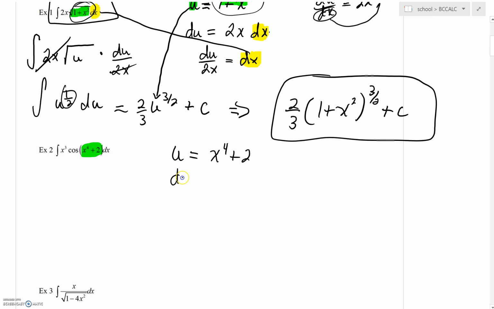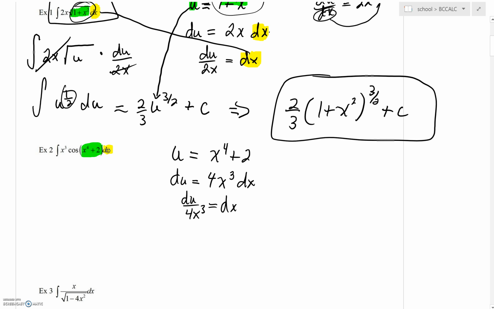Take a derivative, you get du is equal to 4x cubed dx. And if I were to solve for dx, get dx alone, I'd get du all over 4x cubed. And I guess what we're really getting at is this.